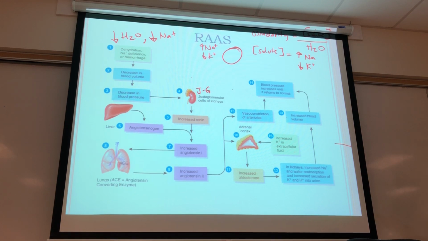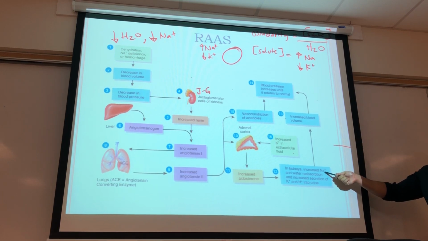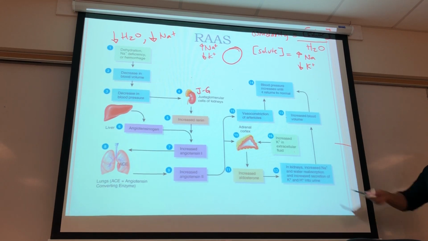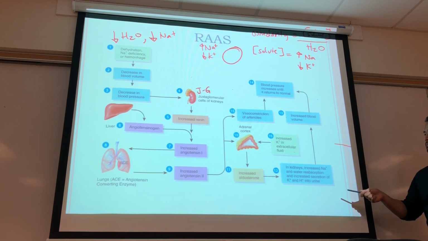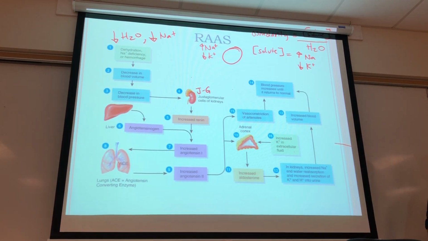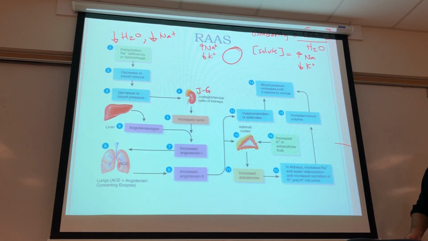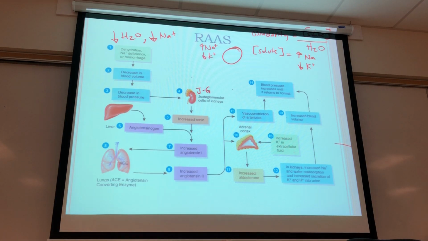We had low H2O and low sodium. So it's going to retain our salt, retain sodium, retain water, and also eliminate excess potassium as well as hydrogen ions. So in the end, we wanted to do exactly that.